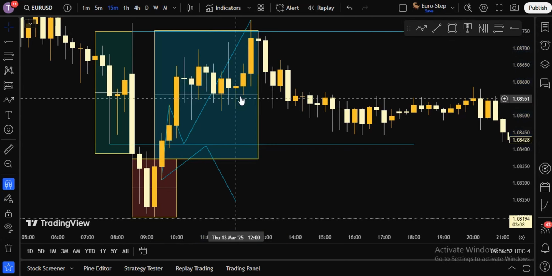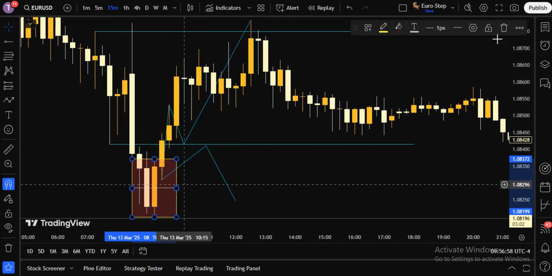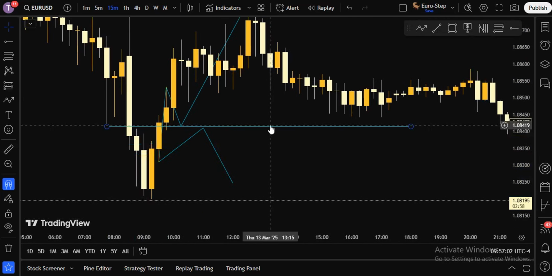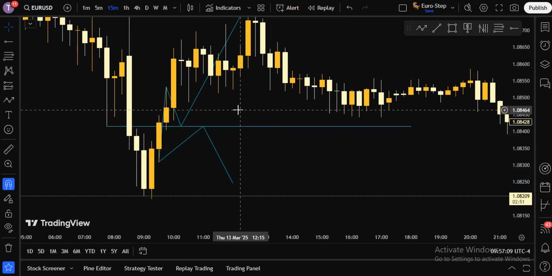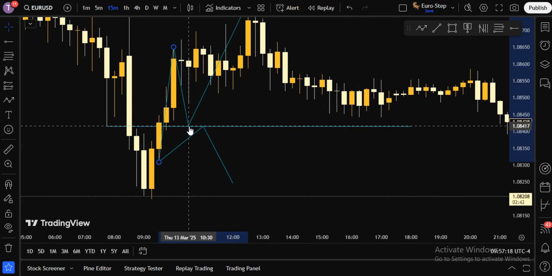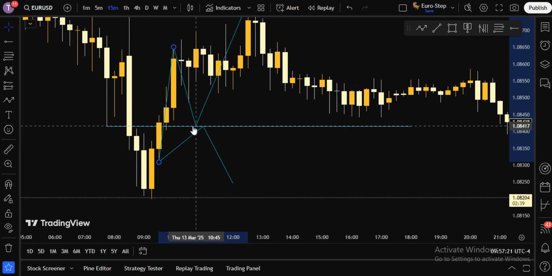Let me get rid of that. With this level, if price was going to be a downtrend, we would have expected it to respect that level and continue downwards. But since it didn't respect it, we can anticipate that if price goes back above, respects that line and continues above, then that is our distribution leg.